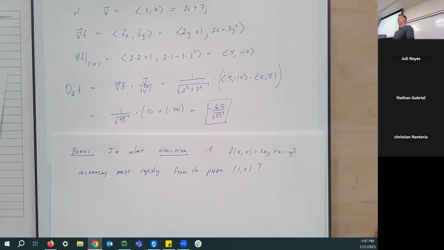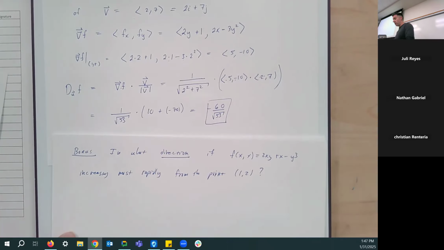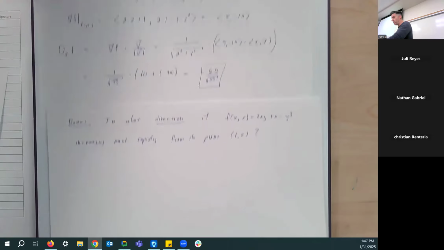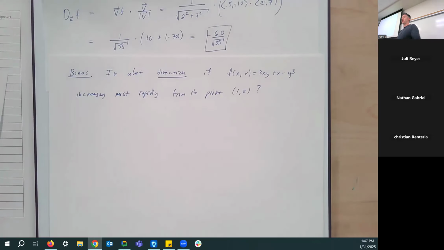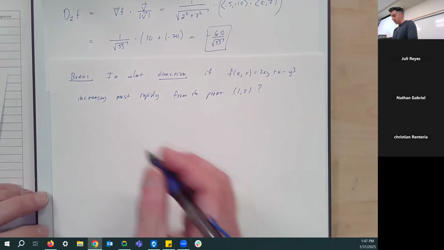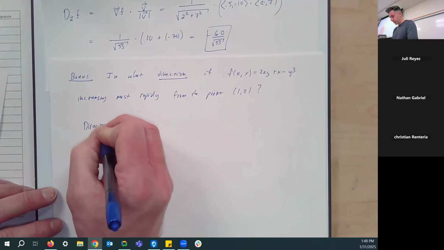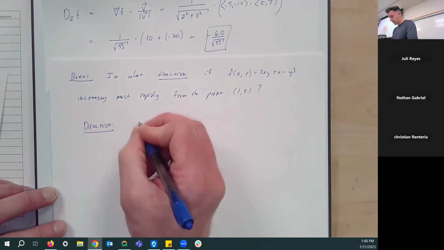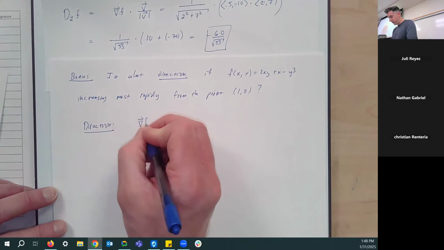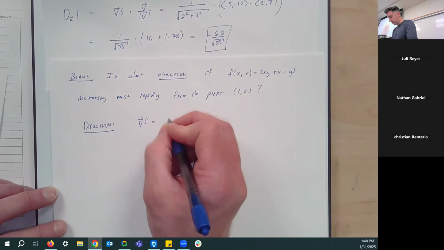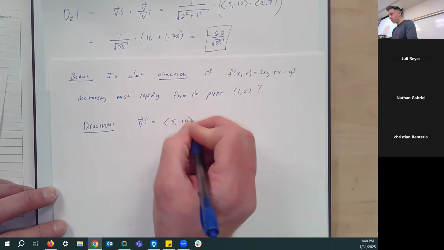Whenever you're asking about what direction are we getting biggest, fastest, the answer is always the direction of the gradient. So whatever the gradient is, that direction is our answer. I think there's 2 valid ways to answer this, and it kind of depends on what your teacher wants. You could either say the direction is the gradient of f, which is 5 comma negative 10.